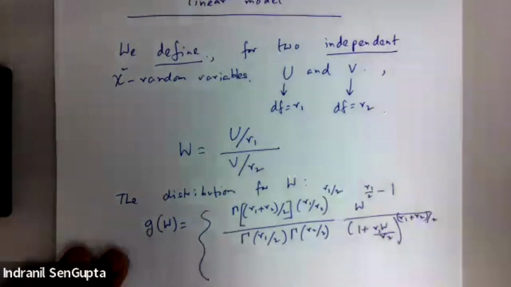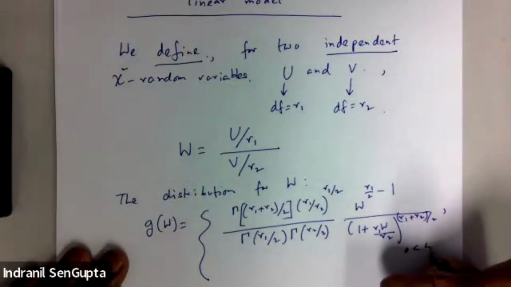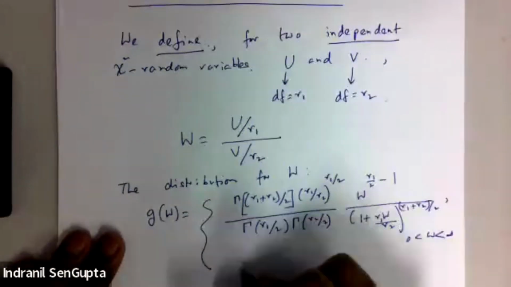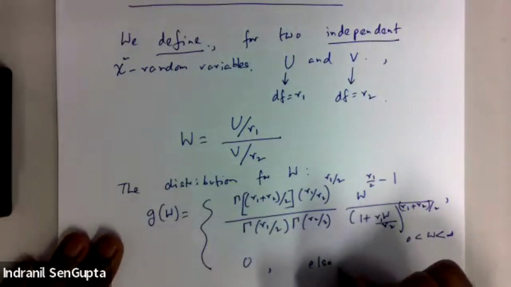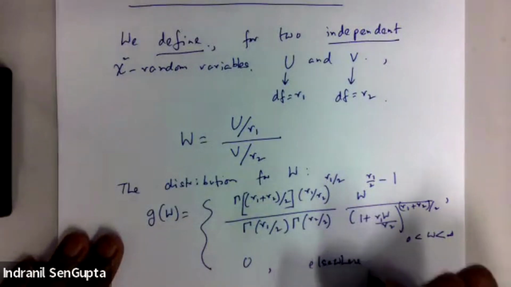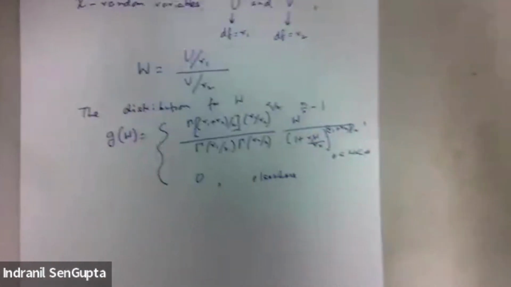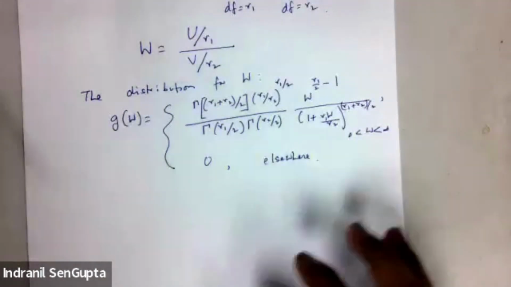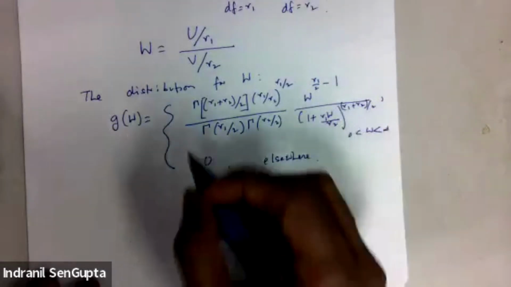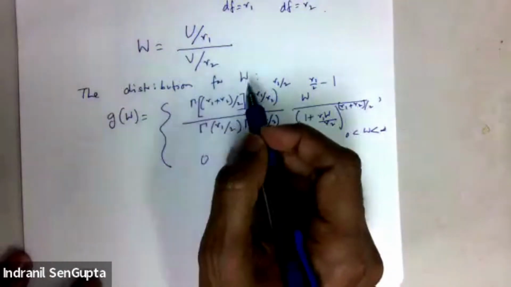It's a pretty messy expression, as I mentioned. It holds for 0 less than w less than infinity and 0 elsewhere. So this is the PDF for W.